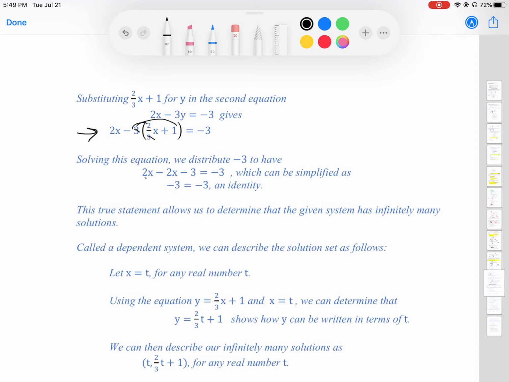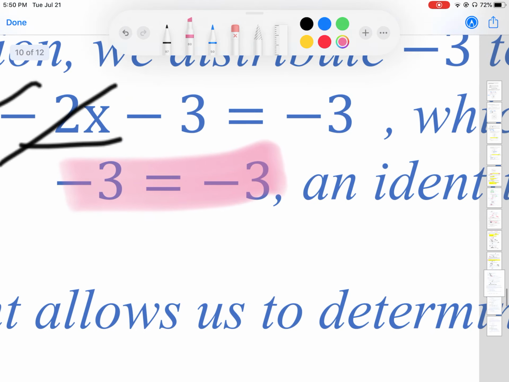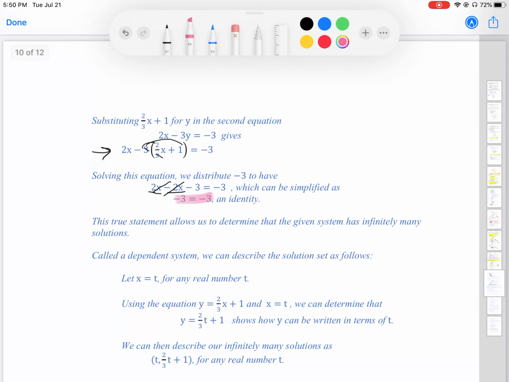We combine our like terms, 2x minus 2x, well, those add to be 0. And we're left with -3 equals -3. Is -3 the same as -3? Yeah, they're the exact same number, they're equal. We have an identity. This is a true statement and allows us to determine that the given system has infinitely many solutions. And it's called a dependent system.